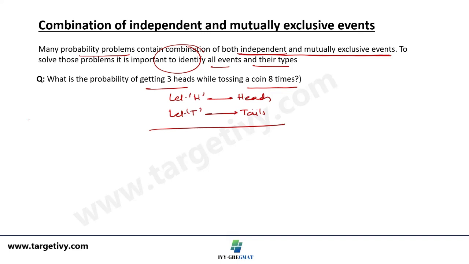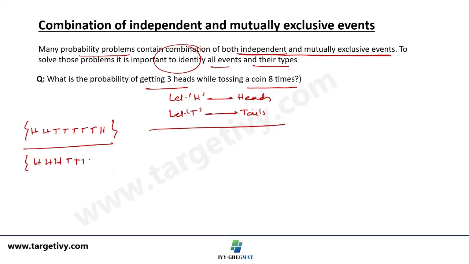So it can be something like heads, heads, tail, tail, tail, tail, 1, 2, 3, 4, 5, 6, followed by a tail and a head. This can be one set. Or it may so happen that it is head, head, head, followed by 5 tails.